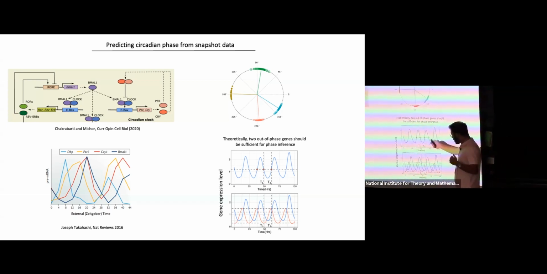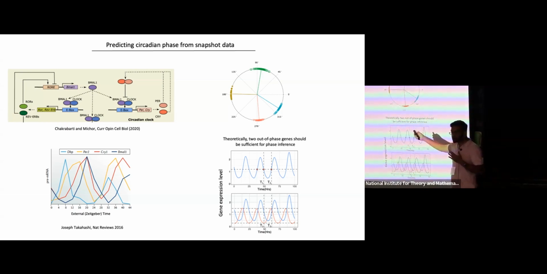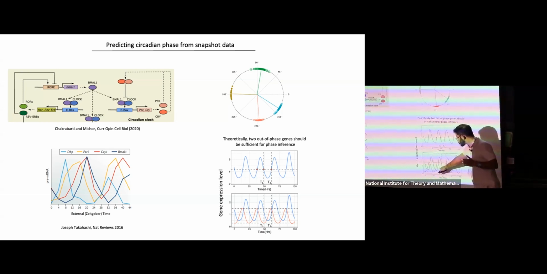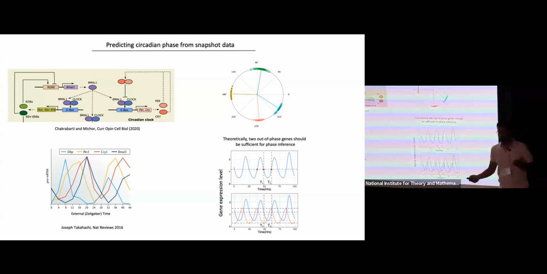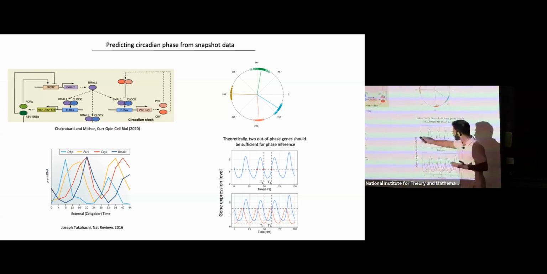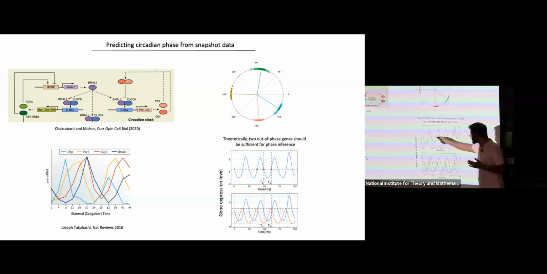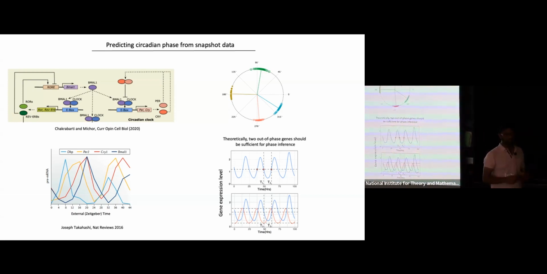And what is very obvious is that to be able to do such an inference, you will need at least 2 genes which are slightly phase shifted from each other, because otherwise with just one gene, you cannot do this. Your y-axis will have multiple phases where you have the same values, okay? So at least 2 genes is what is theoretically required.